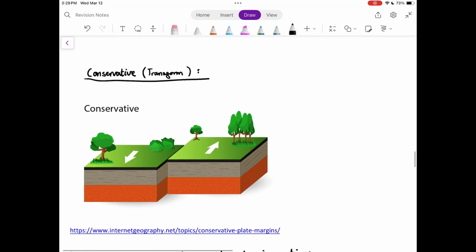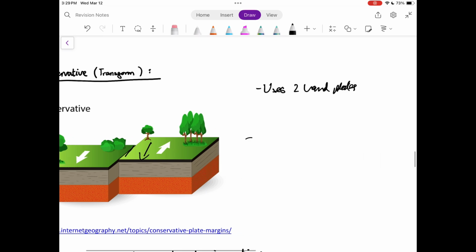Okay, so next we're going to be looking at a conservative plate boundary, and these usually involve two land plates. And these plates can either be moving in opposite directions, as you can see in the diagram, or they can be moving in the same direction. However, if it does move in the same direction, it has to be at different speeds. So as these plates slide past each other, they will eventually lock together due to an irregularity in the plates.